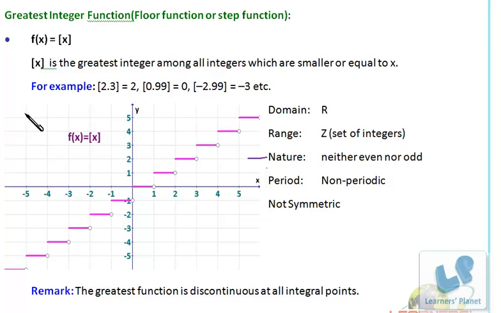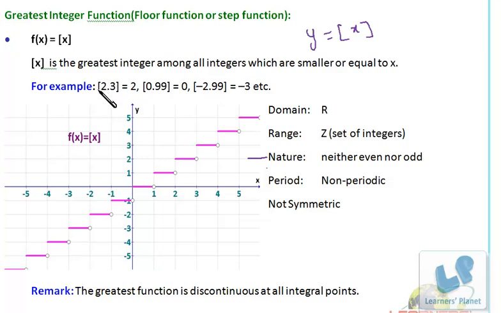Now friends, we have a very important function or graph here, that is f of x is equal to box x, or the greatest integer function, right? y is equal to box x. Now what is that? It's the greatest integer among all integers which are smaller than or equal to x.